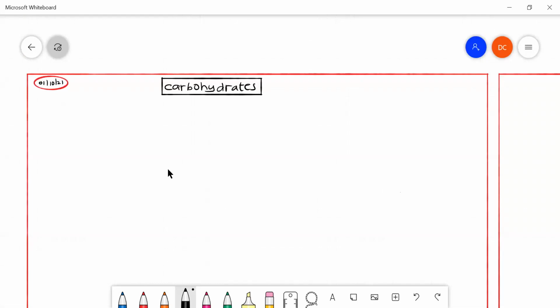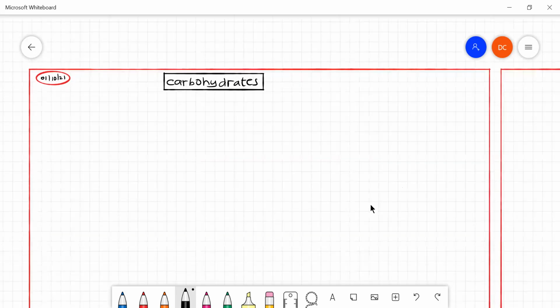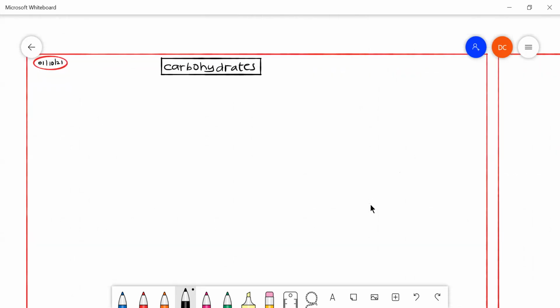Yes, sir. Okay. So last class we completed carbohydrates, and we started with glucose, in which we gave some reactions as evidence for the glucose structure. The first one is checking the molecular formula of glucose by combusting the glucose product.